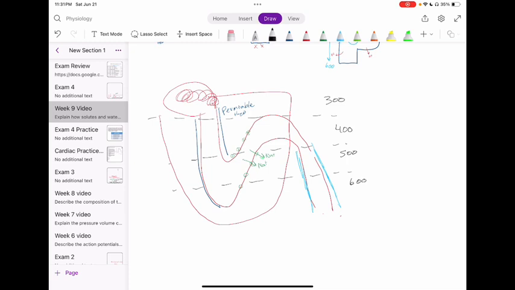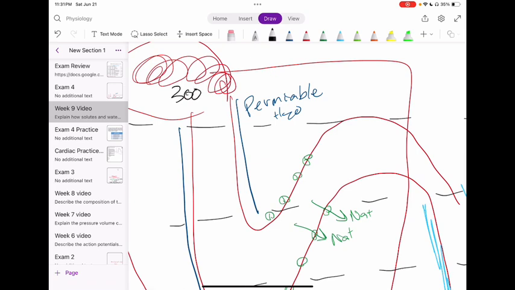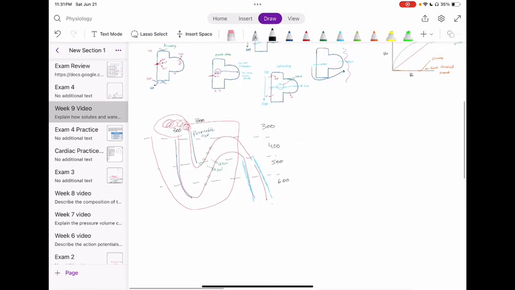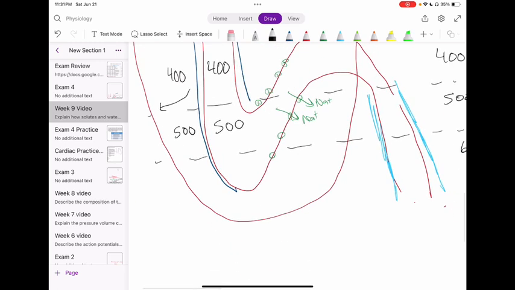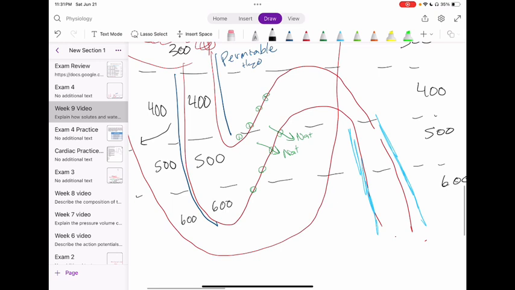So we start in the realm of 300. We can see there's 300 around it. And as we come down, this water is going to leave and head towards the blood. Because it's permeable, we're going to keep it right with the water. But it's soon going to change awfully quick because we're not permeable to water anymore.